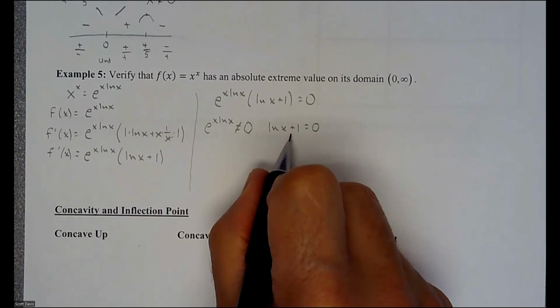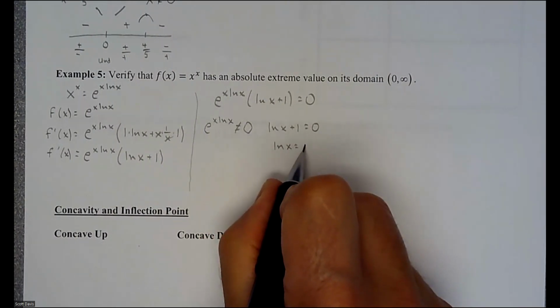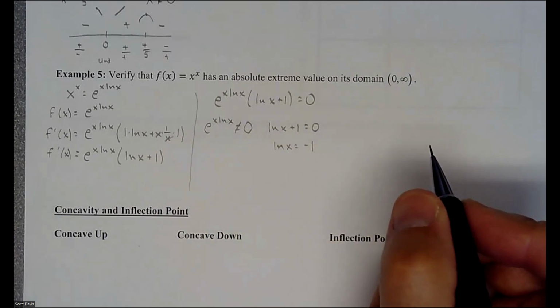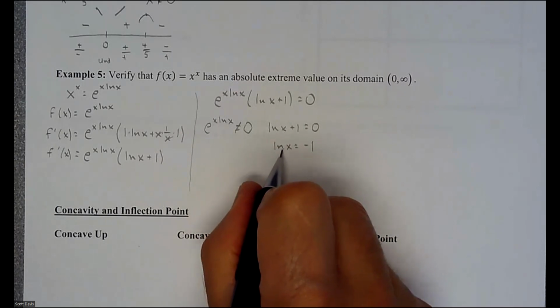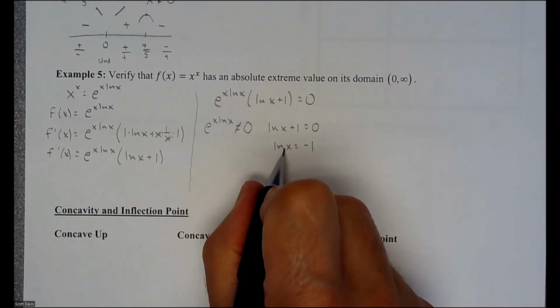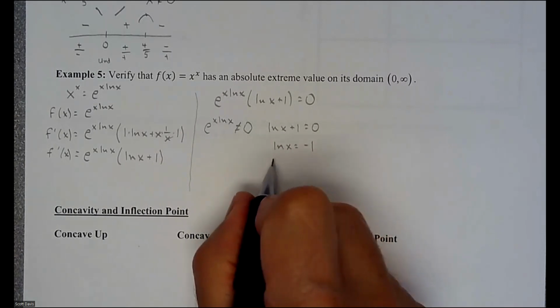Here we can solve this, so we'll subtract 1. Natural log of x is going to equal -1. So how do we solve that? We're going to exponentiate it. I'm going to turn these into exponentials, just like square rooting both sides, logging both sides. We're going to exponentiate both sides.